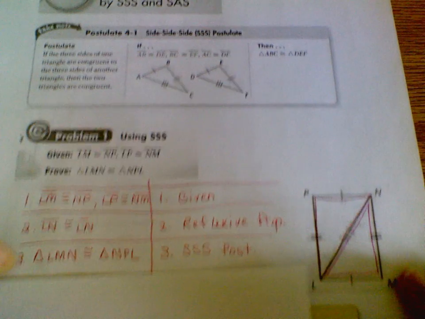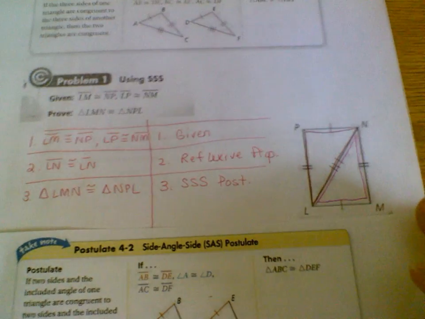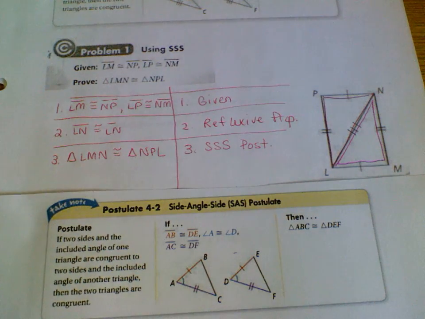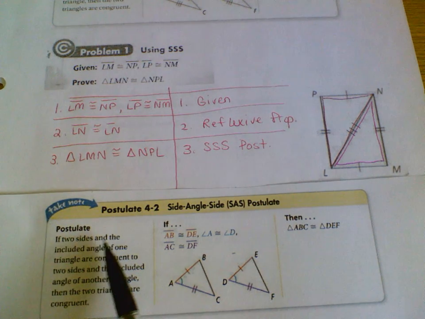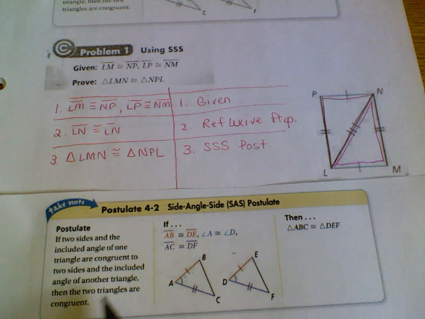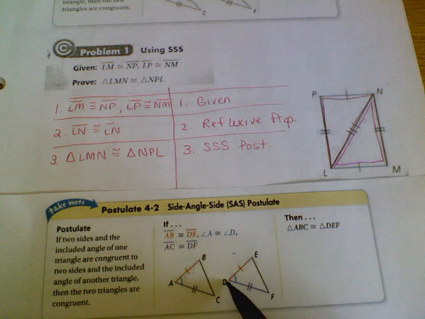Okay, the other kind of postulate that we're going to use today is side angle side. And what that says is if two sides and the included angle of one triangle are congruent to two sides and the included angle of another triangle, then the two triangles are congruent. All of that is saying I have this side and this side congruent, I have another pair of sides congruent.